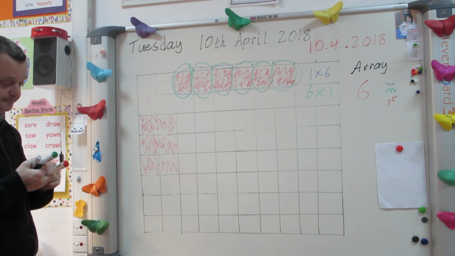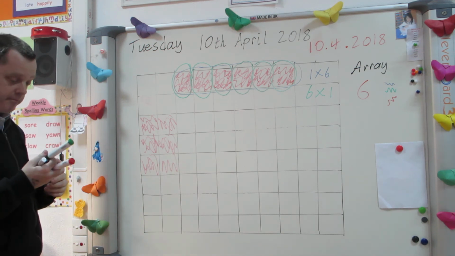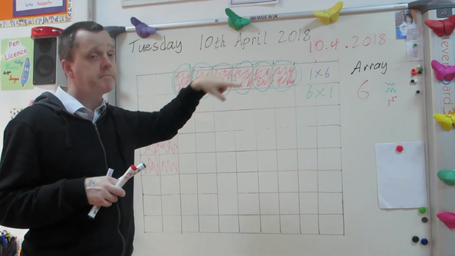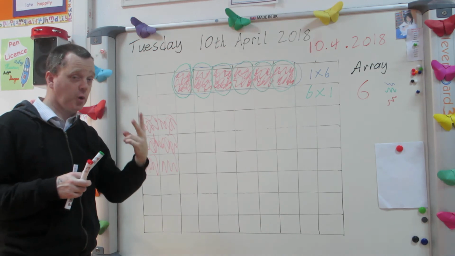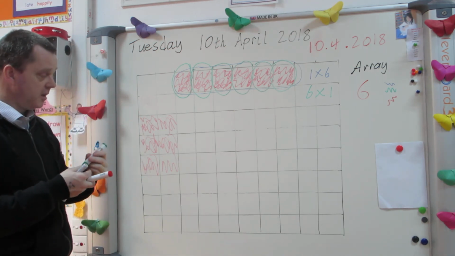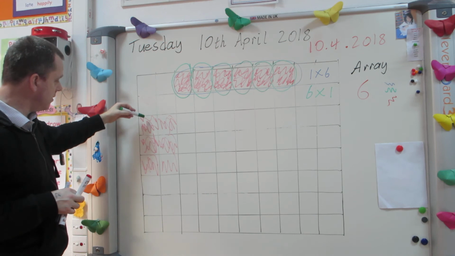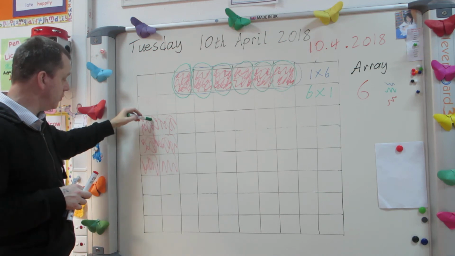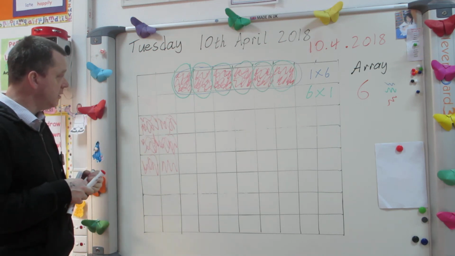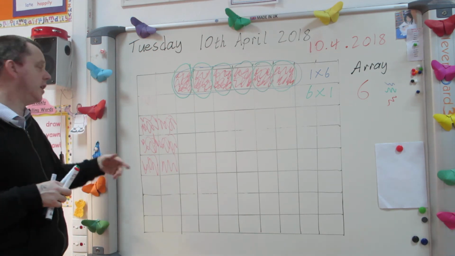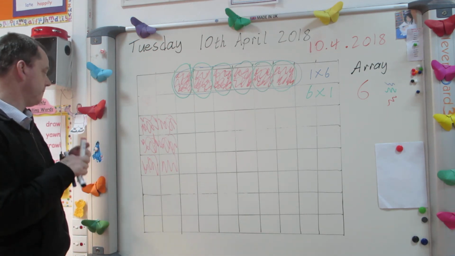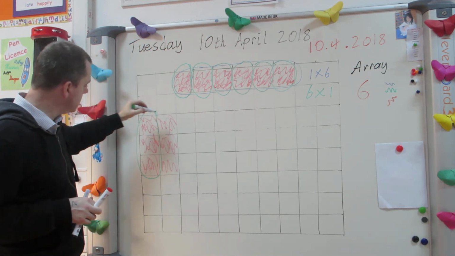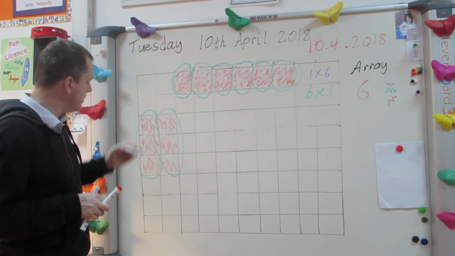Still the same number. And this time, I'm not going to use numbers 1 or 6. What are the 2 numbers I'm going to use? If I count here, there's 1, 2, 3, 1, 2, 3. So I can call that 2 groups, 1 there and 1 there.